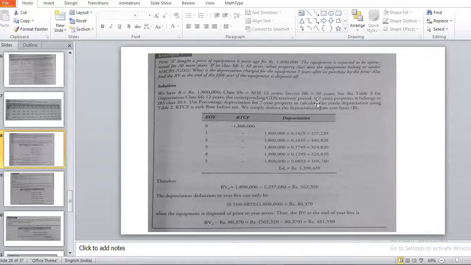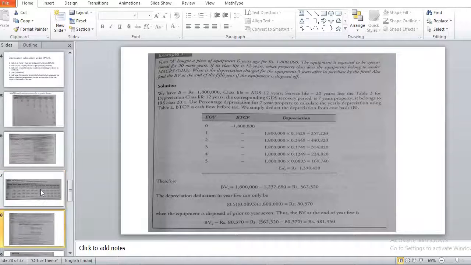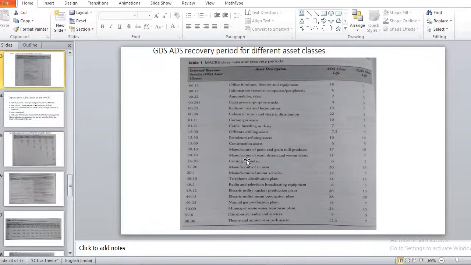Now, the ADS life is given as 12 year, and the GDS life from the table we find out is 7 year. So if you go through table number 1, the ADS class life value is given as 12 year and the GDS class life value is given as 7 year.